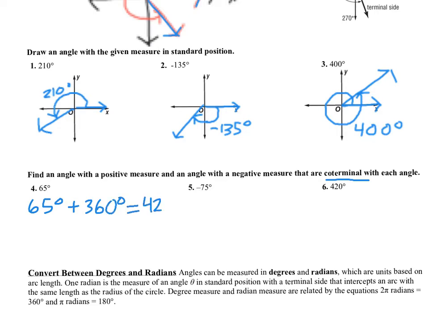And if I do that, I know I end up in the same exact spot on the circle, which means it is coterminal. If I want to find a negative angle, I start at 65 degrees, but then I go backwards one lap. So that'll be negative 295 degrees.